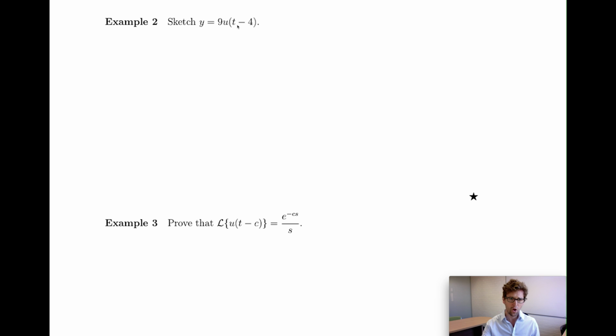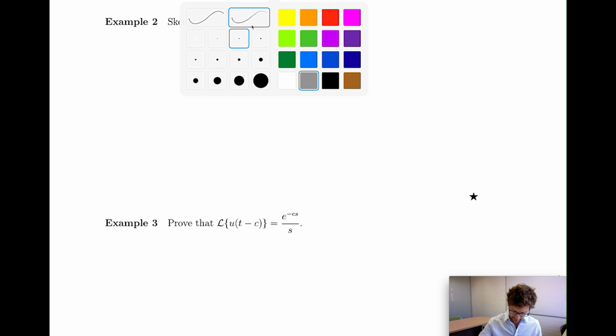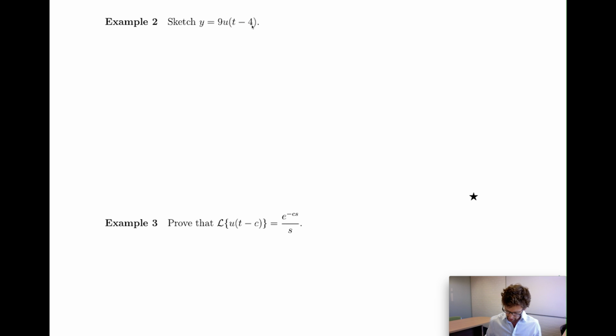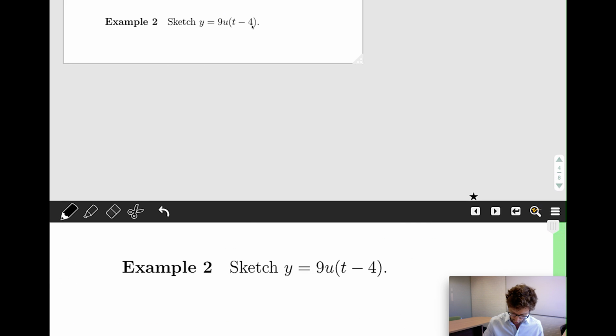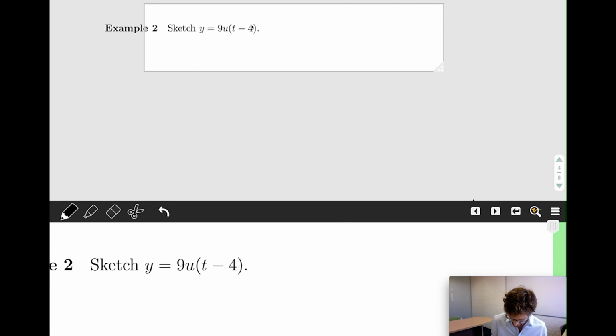That is, when t is less than 4, this will be 0, and when t is greater than 4, this piece here will be 1. So we can write this as a piecewise continuous function. That is, we can use the open curly bracket notation to indicate what the value of this function will be in the different parts of the t domain.